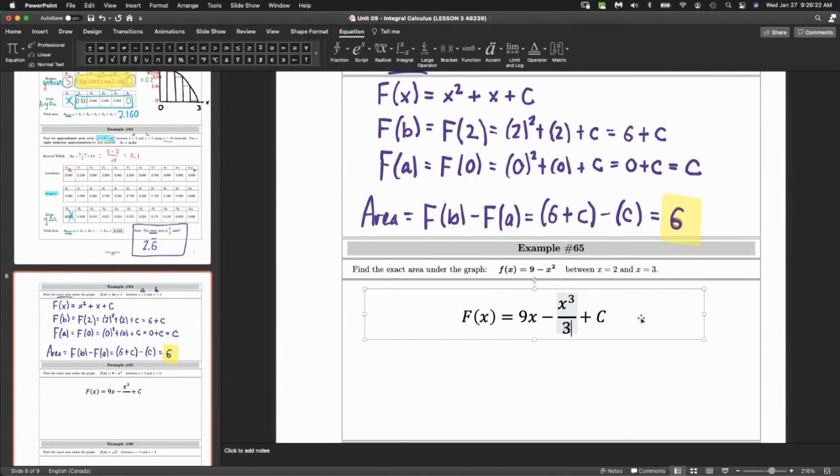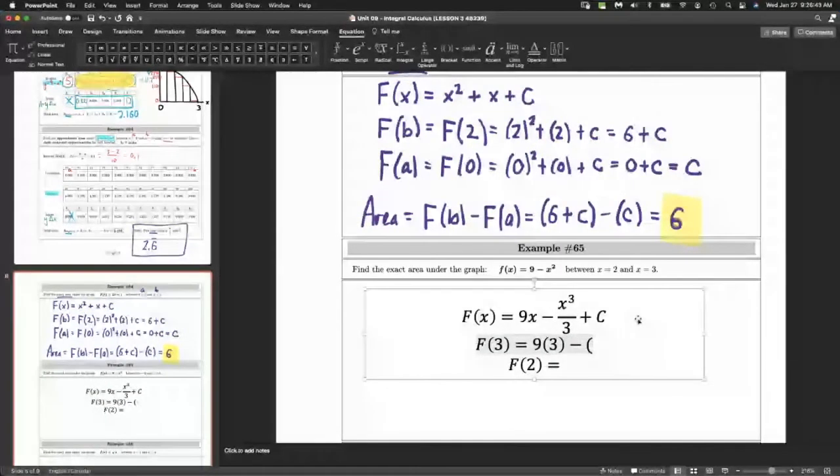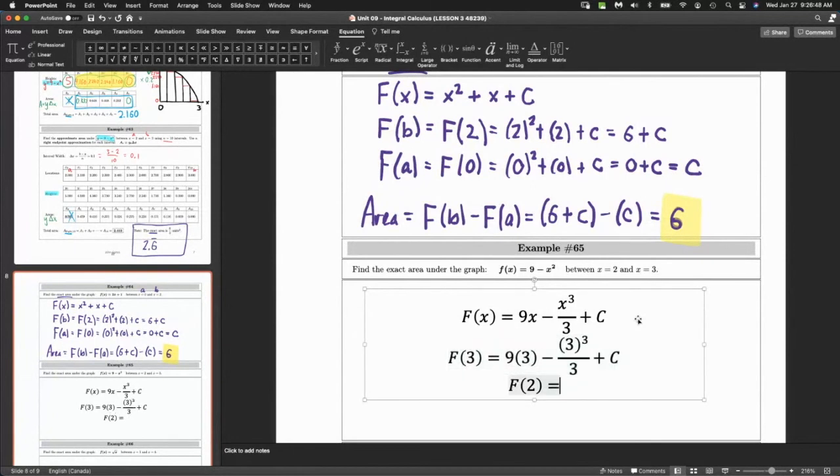You got to add 1. Remember, Amir, you got to add 1. So that's what your quiz is on today. It's that antiderivative stuff. So be careful, be ready. And then you can get f of 3 and f of 2. Let's do that here. So we have 9 times 3 minus 3 cubed over 3 plus c. And 9 times 2 minus 2 cubed over 3 plus c.